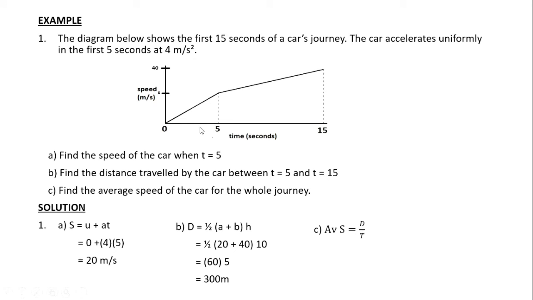Half times 5 times 20, which is going to give us 50. Add 50 to 300, you get 350. So the distance was 350 and the time was 15 seconds. Divide 15 into 350, you get 23.3 meters per second.